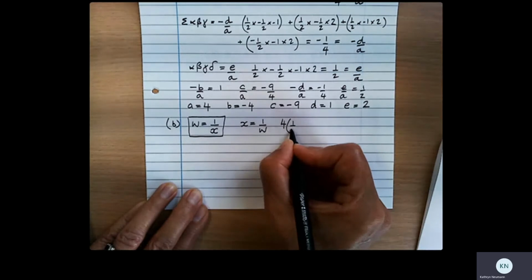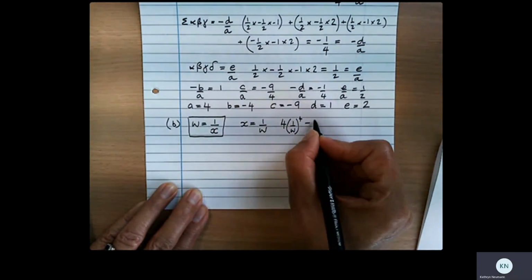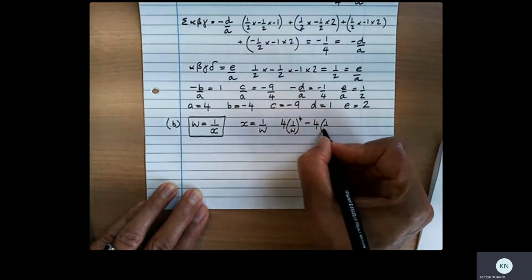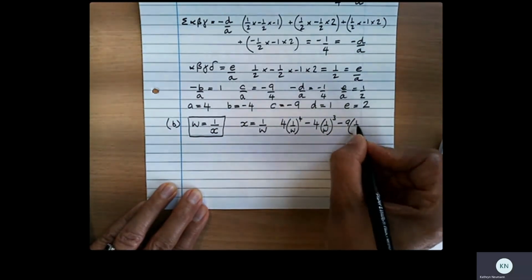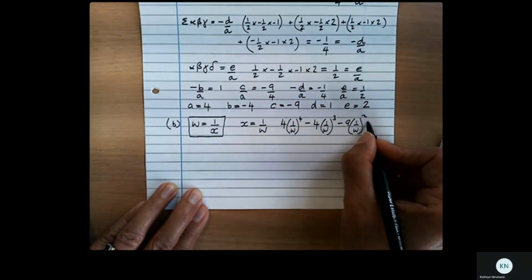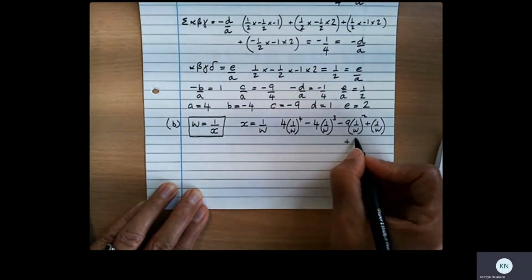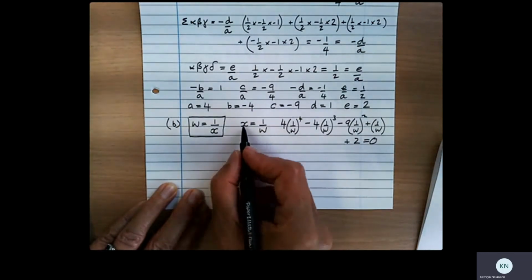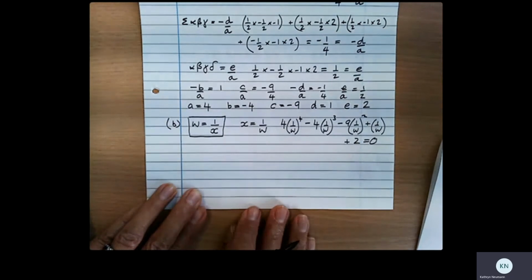So that's 4 times 1 over w to the 4, minus b is, sorry, plus b, so that's minus 4 times 1 over w cubed, minus 9 times 1 over w squared, plus 1 over w, wishing I'd written this on 2 lines, plus 2 equals 0. So that equation there will have roots 1 over x, which is what we're aiming for.